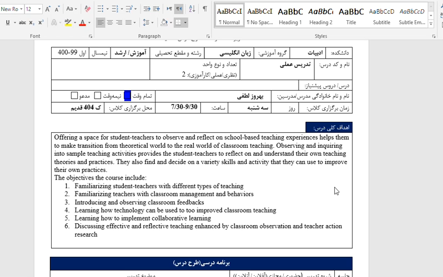You have learned many things theoretically about language teaching. You learn what are different methods, different strategies and styles, or techniques of language teaching. But here you want to actually observe, and you want to reflect on your understanding and also your own performance and practices of actual teaching in language classes.